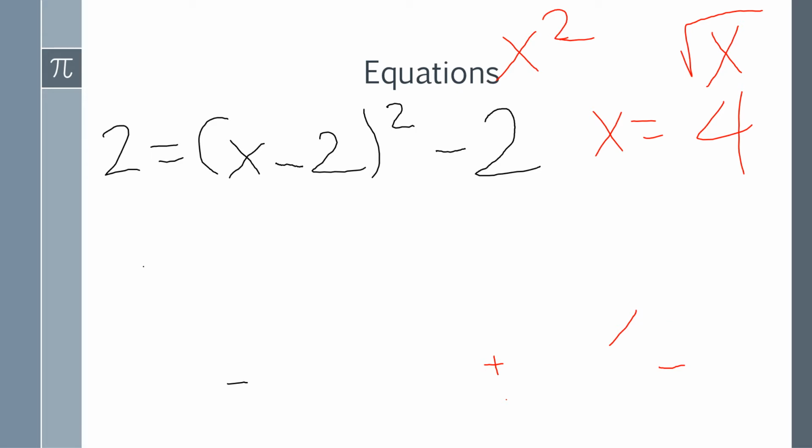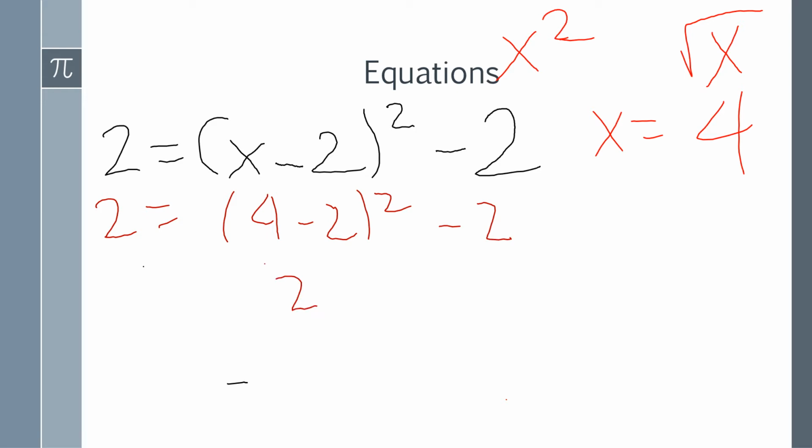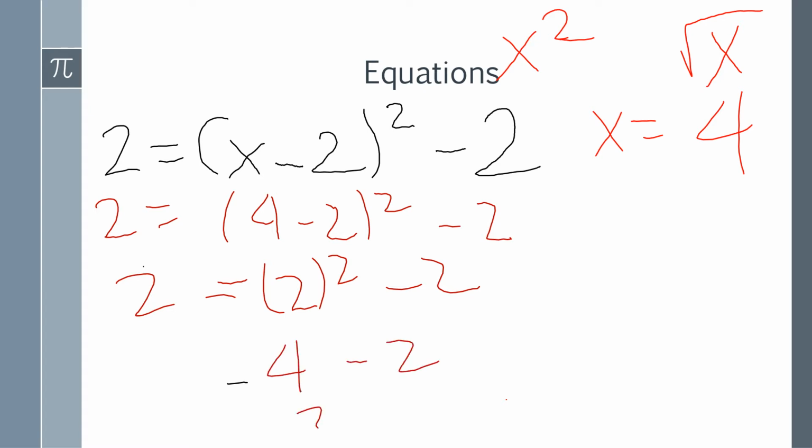So let's see if the solution is true. We shall say that equals 2. So 4 minus 2, squared, minus 2. 4 minus 2 is 2, squared is 4, minus 2 equals 2. And that is a true solution.